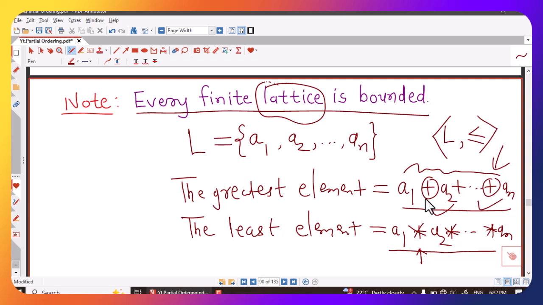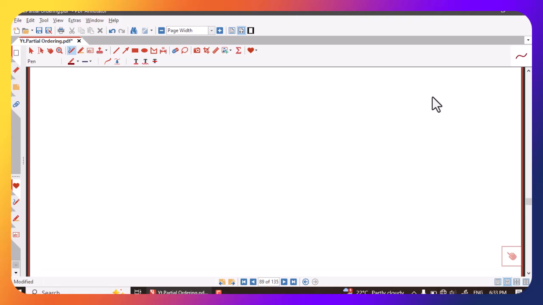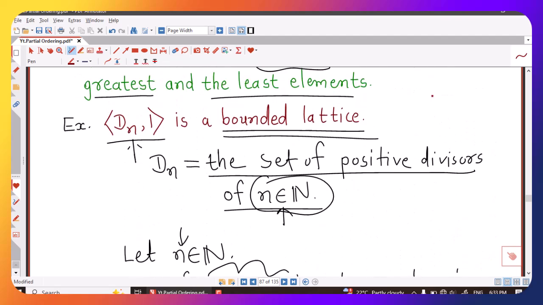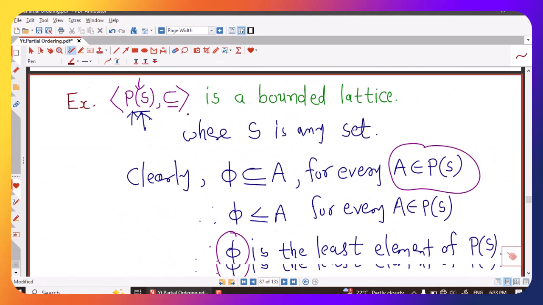If we have lattice, then we know that for any two elements least upper bound and greatest lower bound exist, and therefore because we have finite number of elements, these two always exist in a lattice and they are the greatest and least elements, and therefore every finite lattice is bounded. So if we have set of positive divisors of given natural number, then Dn is always finite lattice and therefore it is a bounded lattice.